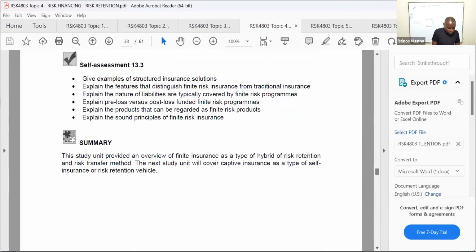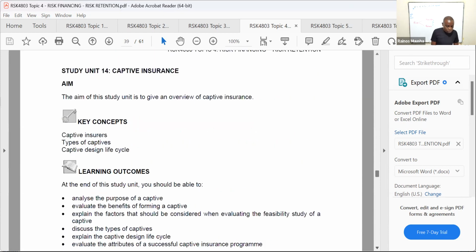Then another way of alternative risk transfer is captive insurance. With captive insurance, a group of companies or a parent company can create its own insurance company. And when it creates its own insurance company, the main beneficiary is the parent company.